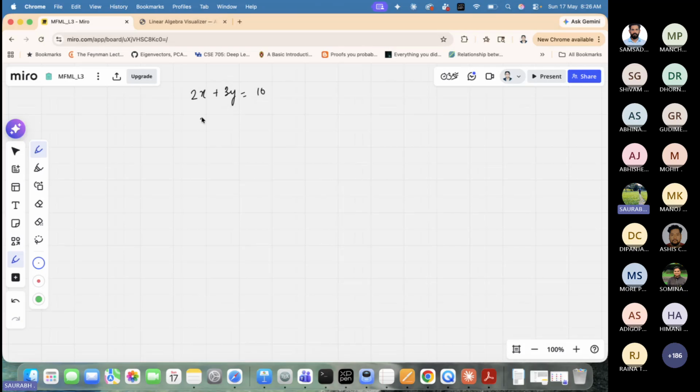Because it is not 2x + 3y = 0, these equations will never pass through the origin. That's why you'll always see the solution space not going through the origin, because you have something which gives you the offset.